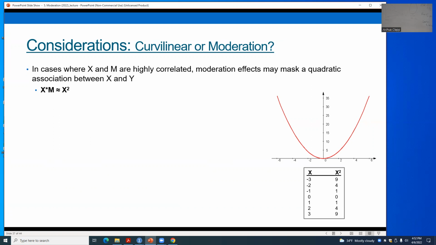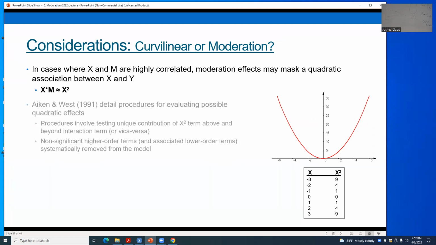And if I have a square function, a parabola shape right here, right? In Aiken and West, they go through and talk about procedures for looking at possible quadratic effects. A lot of this is that you can ferret out obvious stuff in initial screenings. There are procedures that you can go through to start to tease things out, doing some step-down stuff.